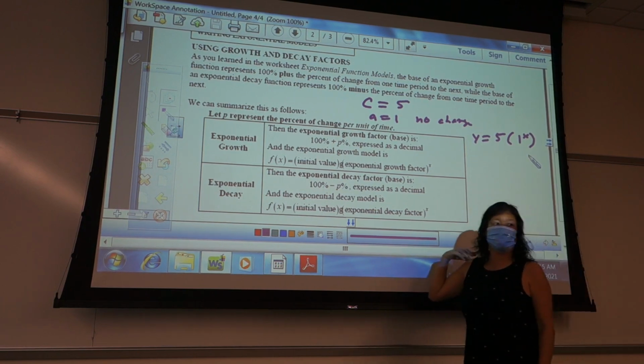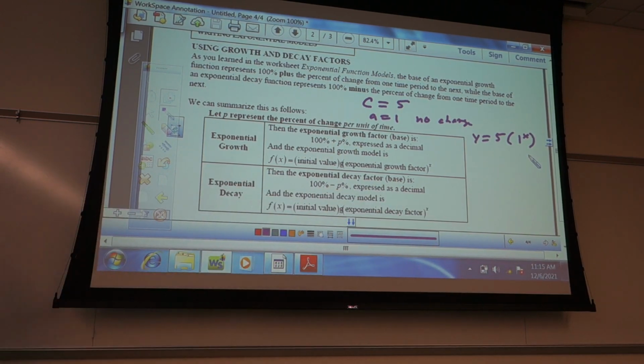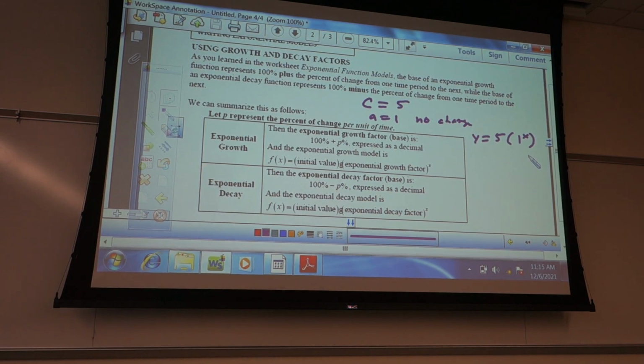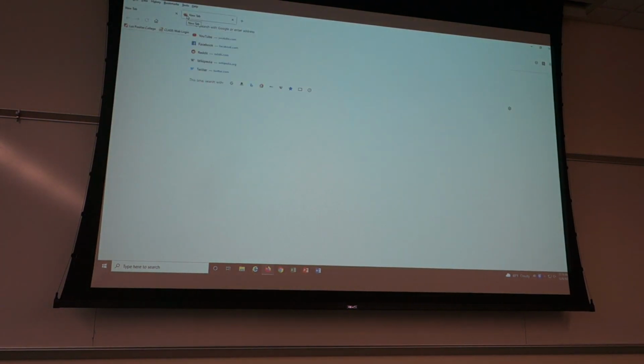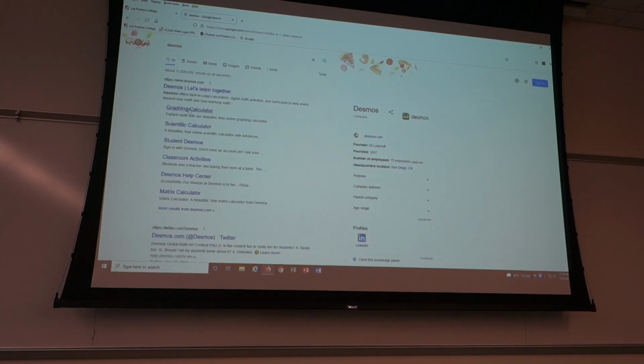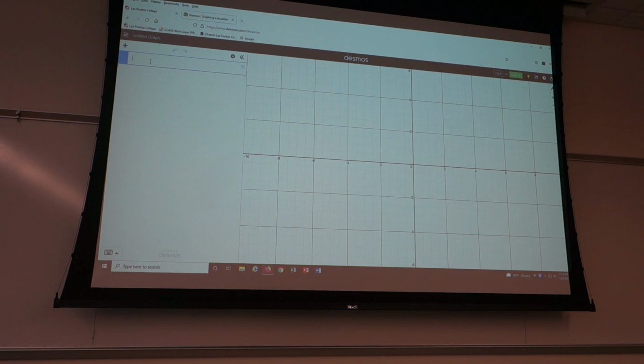Does everyone understand what I'm saying? Y equals 5 times 1 to the x. It's just a straight line. No matter what you put in for x, this part is just 1, so y is always 5.